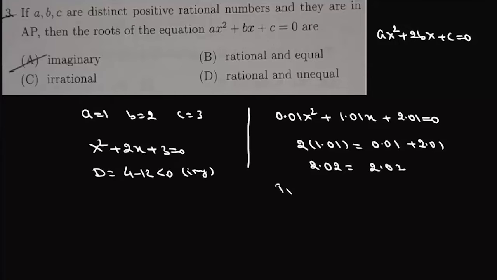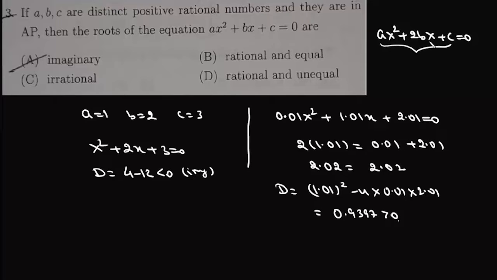And if we find the discriminant it will be 1.01 whole square minus 4 into 0.01 into 2.01, and it is 0.9397, which is greater than 0, in which case the roots will be real. This question is in fact wrong, and the standard version of this question which is available on the internet is this ax square plus 2bx plus c, where the answer will be, the roots will be imaginary.